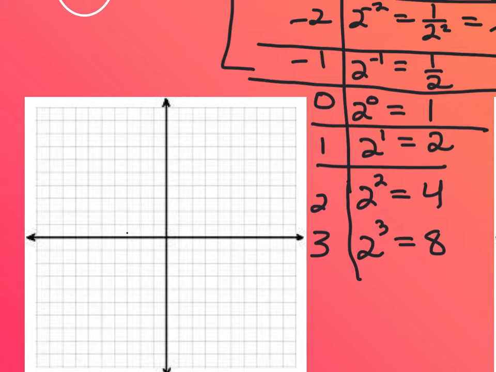So -3 and then 1/8, -2 and then 1/4, then 1/2, and it's sweeping up to 0, 1. Then I'll graph the ordered pair 1, 2, then 2, 4, and then finally 3, 8.